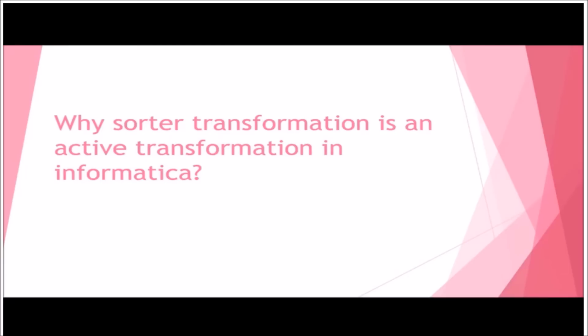Why? Because the sorter first sorts the input rows in either descending or ascending order. Due to this, the order of the rows will change. So this is the main reason why the sorter transformation is an active transformation, not because of the distinct option.